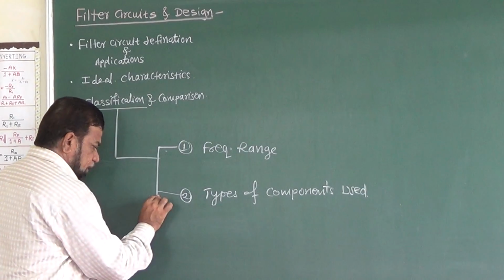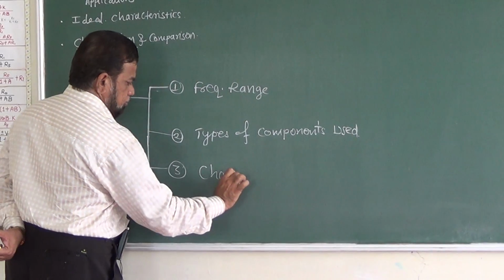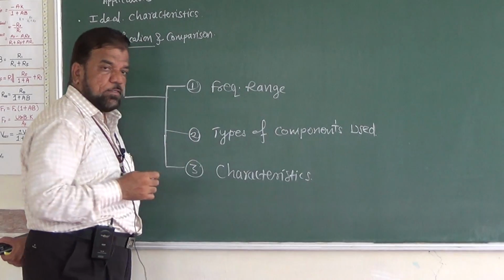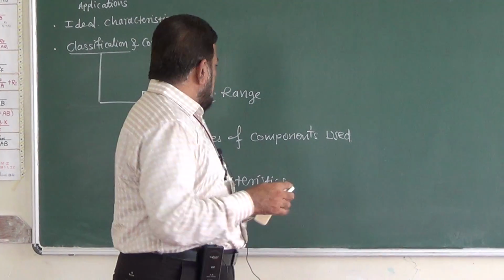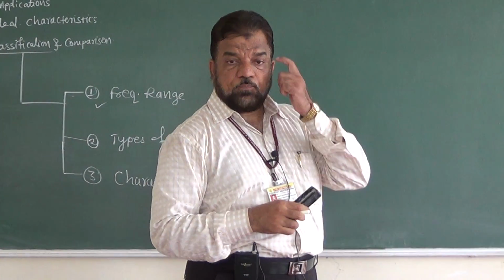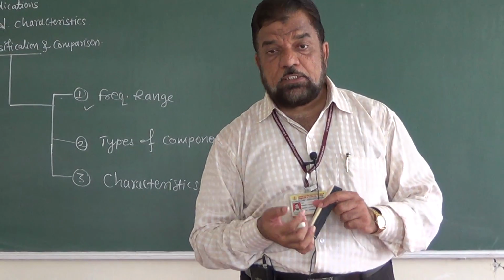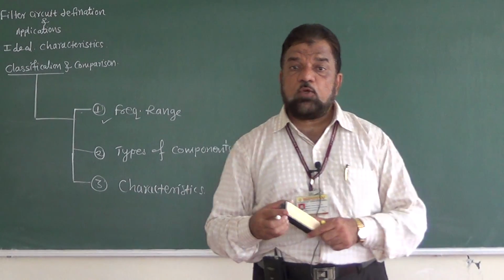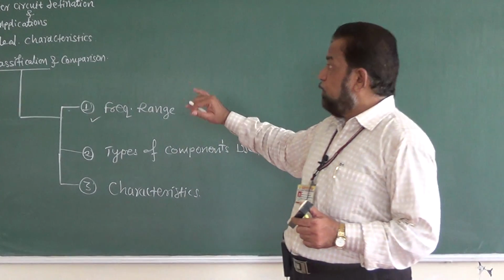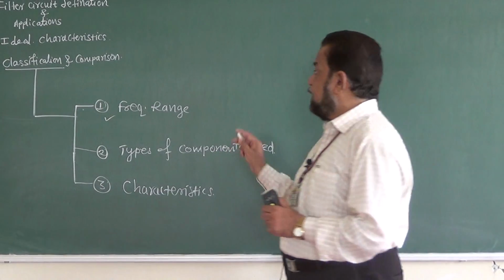And the third parameter we will take as the characteristics of the circuit. As far as the first parameter, frequency range, is concerned, a given filter circuit transmits which frequency range and attenuates which frequency range, based on that these filters are classified into four different categories.